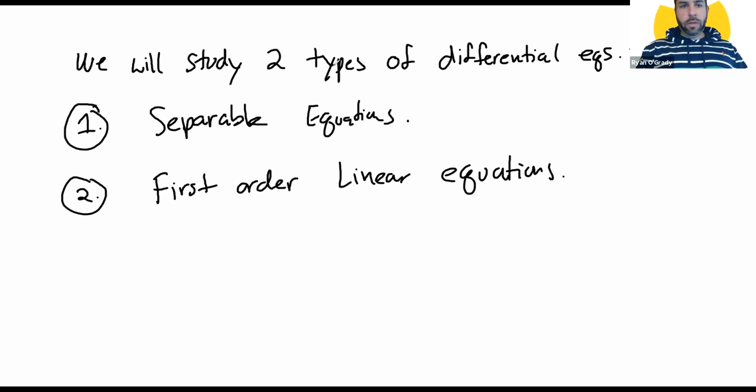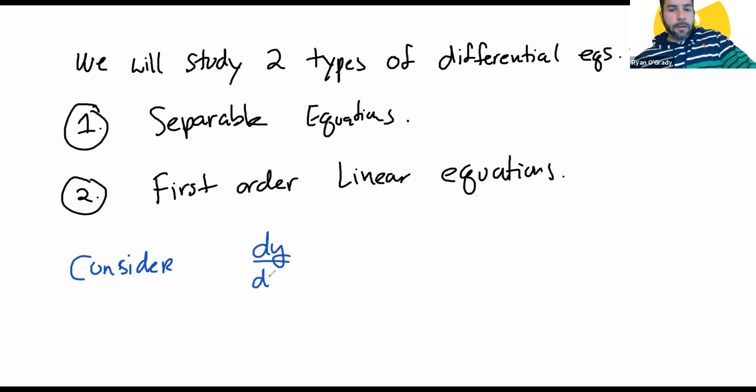All right, so let us jump right into it. So let's consider this creature that I have written, but let's write it in a slightly different form. So let's consider dy dx equals, say, 10 times y. So the first thing we need to note is that context here says a couple things.